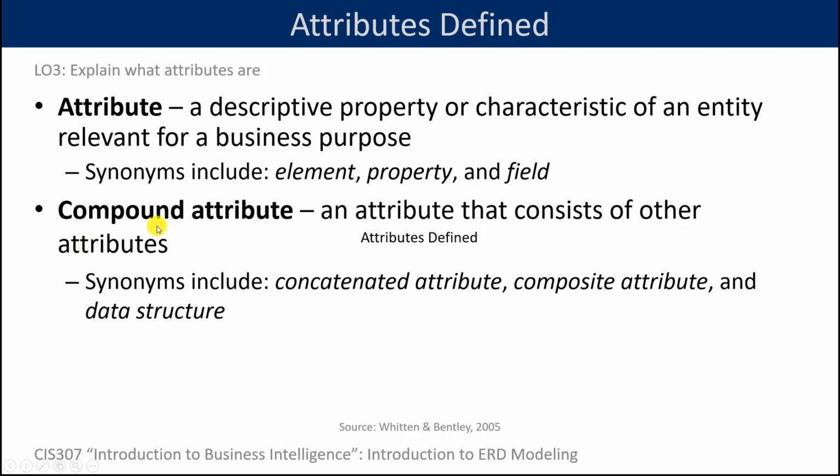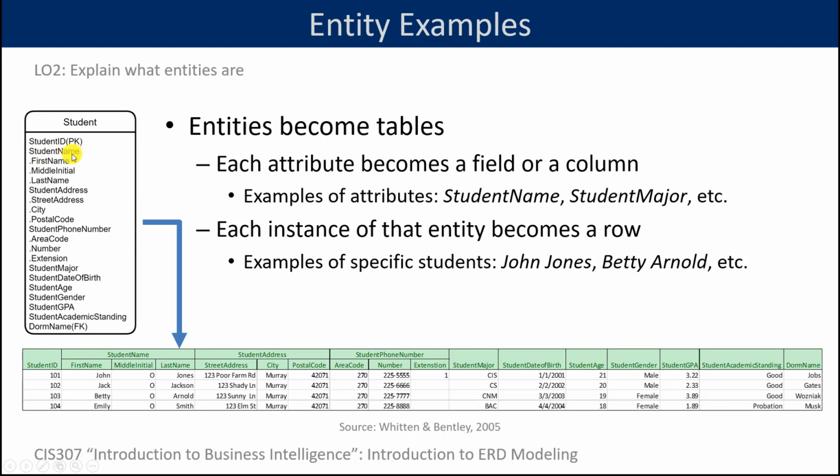We also mentioned that some attributes are compound. Compound means complex or comprised of other parts. So a compound attribute is an attribute that consists of other attributes. Synonyms include concatenated attribute, composite attribute, or data structure, which is a term quite often used in programming. An example of a compound attribute would be student name.